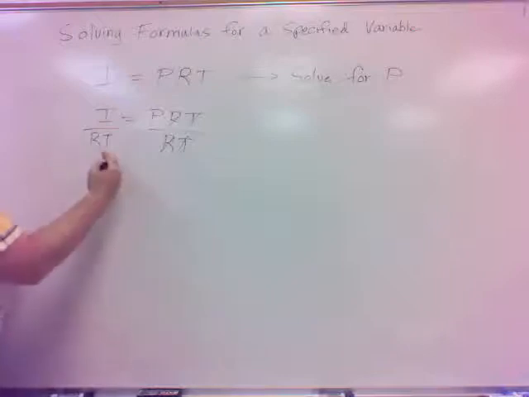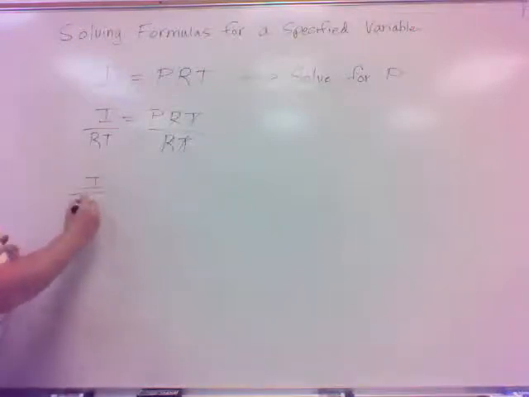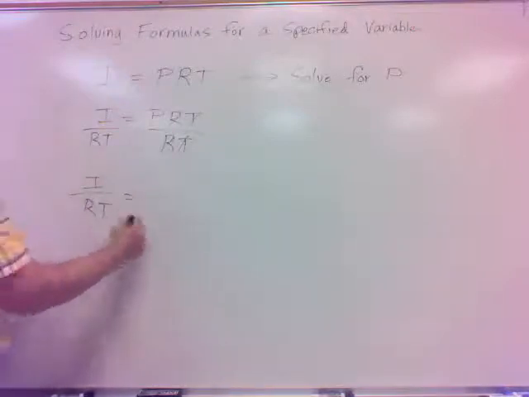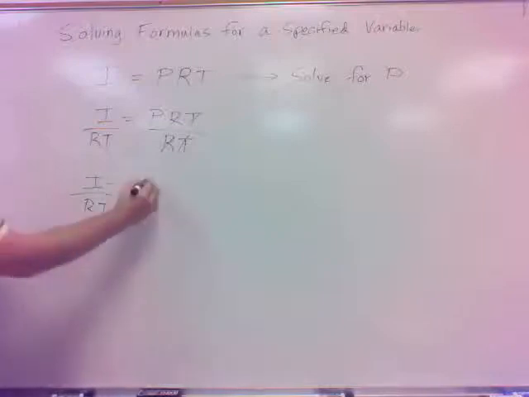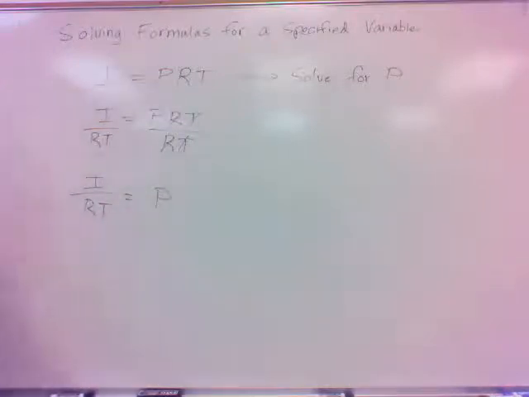Now, on the left side, can't do anything there for simplifying. So it's just really going to stay looking like that. And of course on the right then I just have p left. Mission accomplished. So that's the idea behind what we're doing today in this lecture here. Just getting the variable on a side by itself.